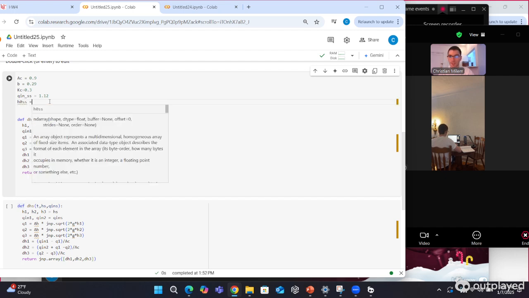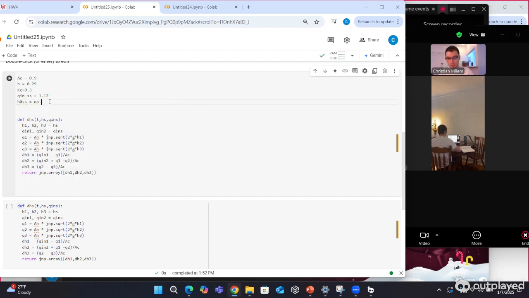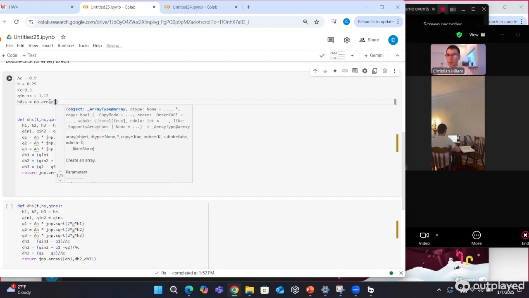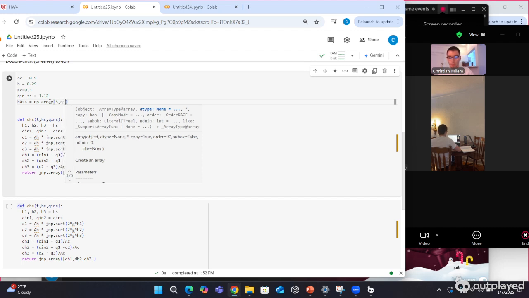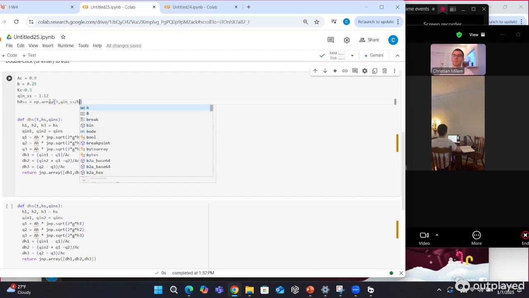So initial heights at steady state, that's simply going to be an array, a 3x1, because we have 3 heights, and that's going to be our QNs at steady state divided by B. So like we showed earlier, H3 times B. I mean, B is just how you relate your height to your volumetric flow rate.